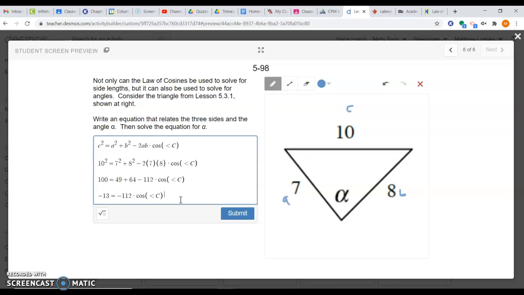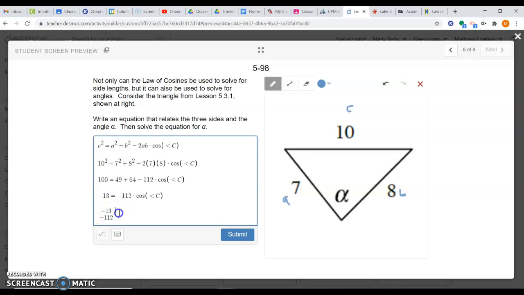Okay, and what I get then is, and I'm going to leave it as a fraction, I'm not going to put it as a decimal quite yet. So what I get is negative 13 divided by negative 112. I want that negative to be on top. There we go. Equals, again, the cosine of angle C.